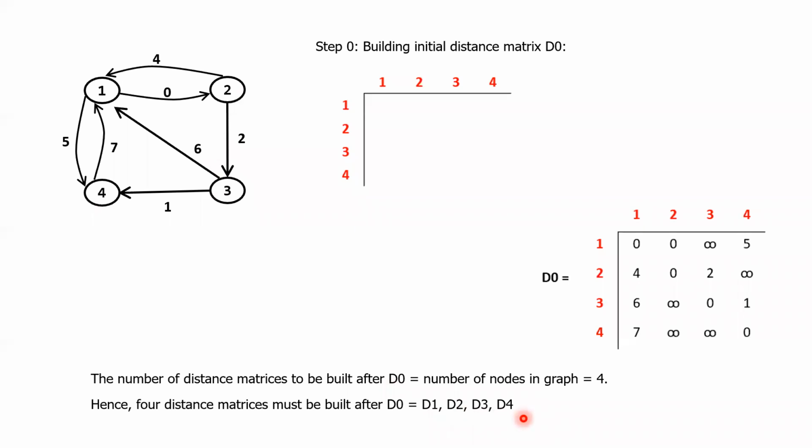Now always, D1 is built based on D0. D2 is built based on D1. D3 is built based on D2. D4 is built based on D3. So using D0, you'll frame D1. Then using D1, you are going to frame D2 and so on.